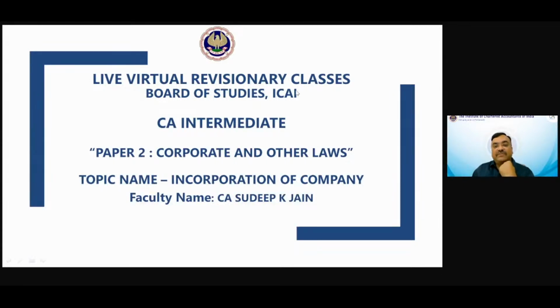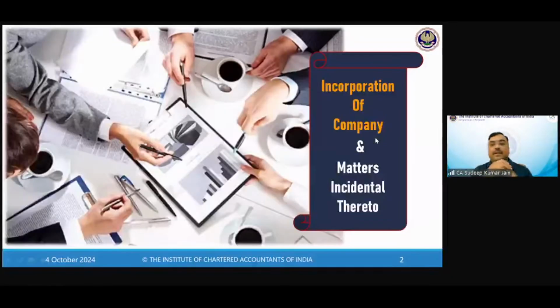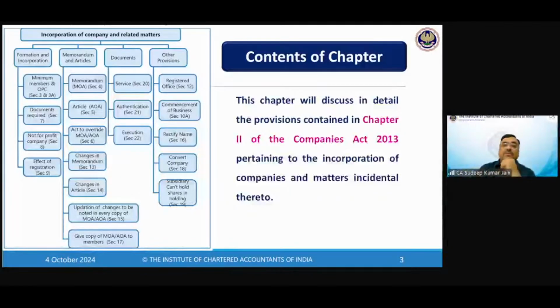Okay, good morning everyone. So let's start the topic incorporation of company and matters incidental thereto, right? So actually this chapter contains chapter 2 of the Companies Act 2013 regarding the incorporation of companies and matters incidental thereto.